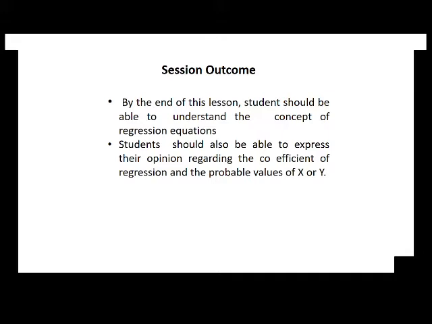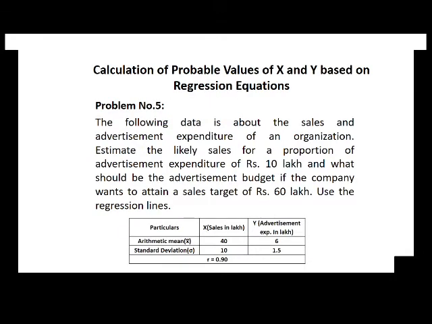Students should also be able to express their opinion regarding the coefficient of regression and the probable values of x on y or y on x. In the previous session we already solved 4 problems. In this session, problem number 5, the same type of problem. The following data is about the sales and advertisement expenditure of an organization.